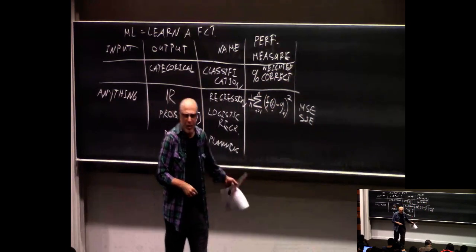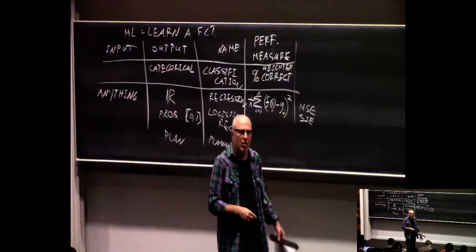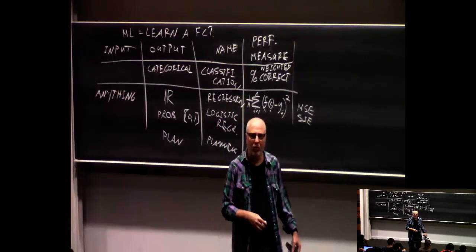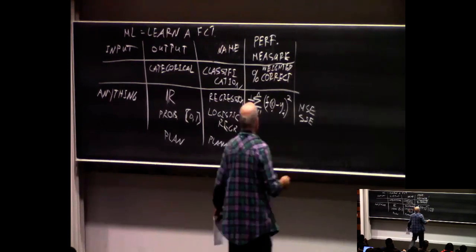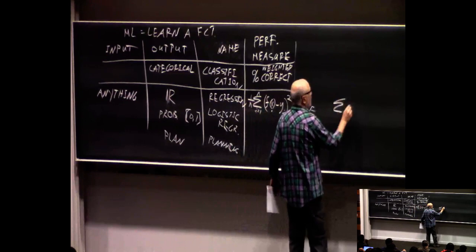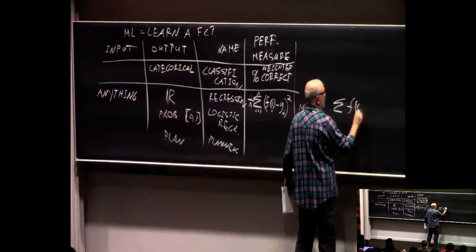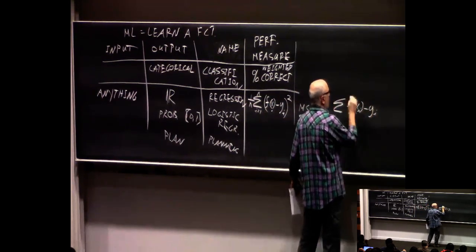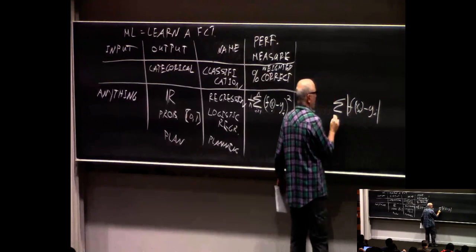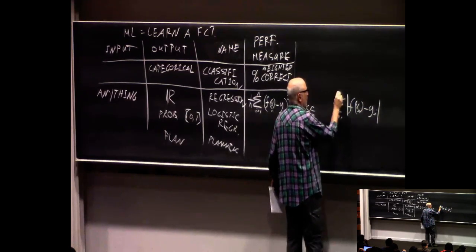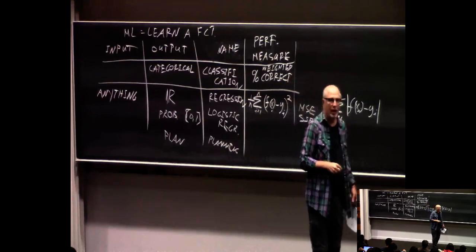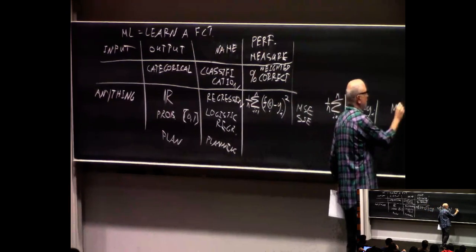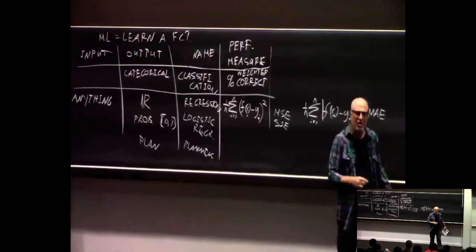Is this the only thing we can do? Absolute error, why not? What's wrong with this? f of xi minus yi, we'll call it mean absolute error. Anything else?